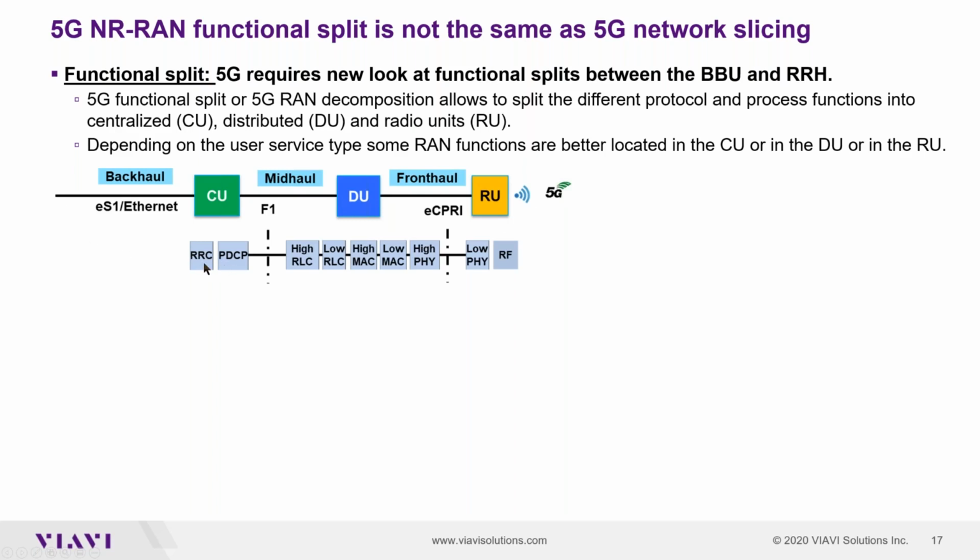And these protocol parts can be put into one of these 3 units, depending on where you put them. This is called functional split. For example, these 5 functions in the distributed unit, these 2 in the centralized unit, and these 2 in the radio unit. And here we have a split. There are different split profiles, and it depends on what the mobile operator is achieving in that area. It can be more in the radio unit, more in the centralized unit, or let's say this example. This is functional split, and it is completely in the mid-haul fronthaul area.